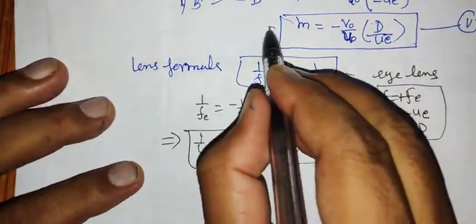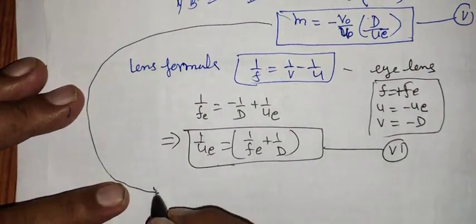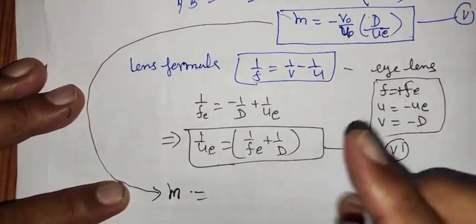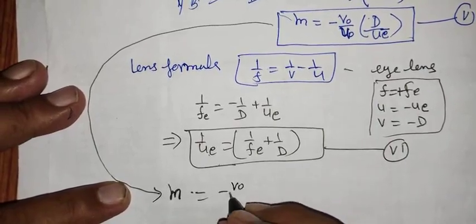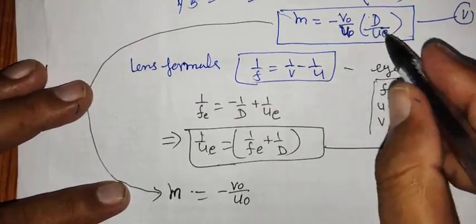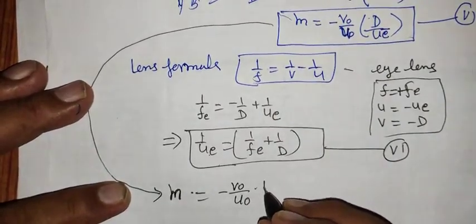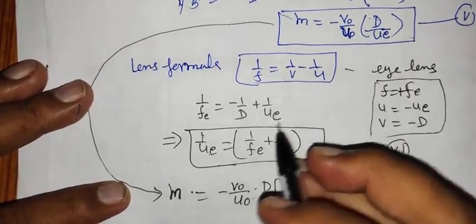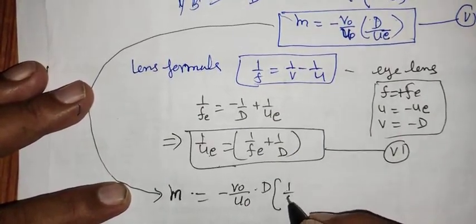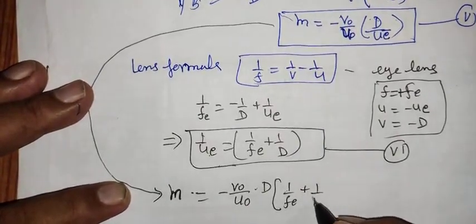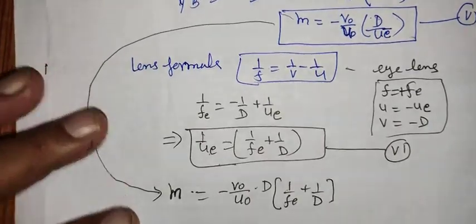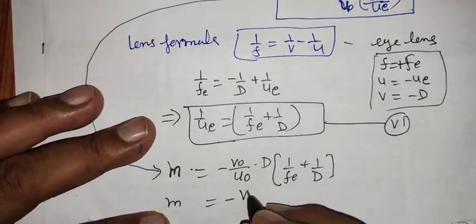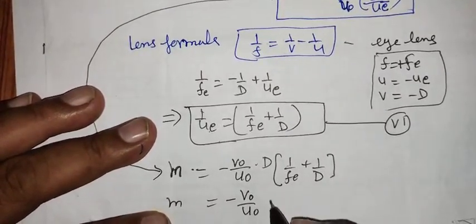So the final formula for magnification M is minus Vo by Uo into capital D. In place of 1 by Ue, we place 1 by Fe plus 1 by capital D. And by solving, one may get M is equal to minus Vo upon Uo.